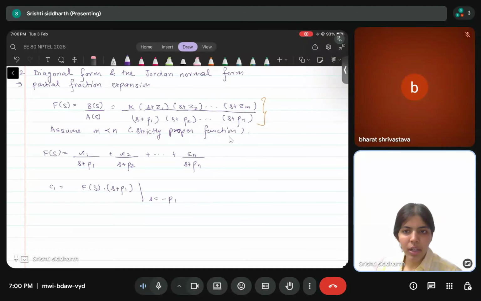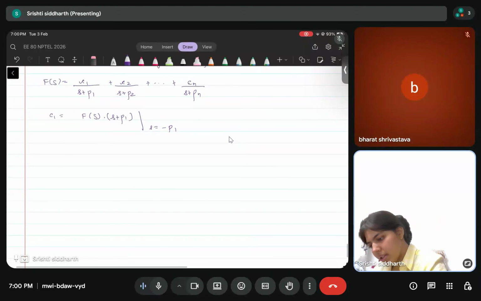And you can calculate the other coefficients too. So in this case, the inverse Laplace transform of this is simply c1 e to the power minus p1 t, and so on, plus cn e to the power minus pn t.